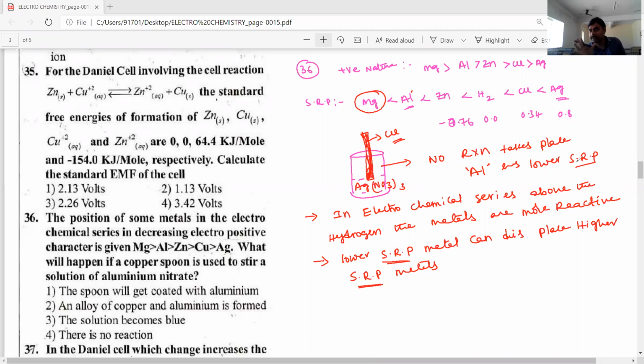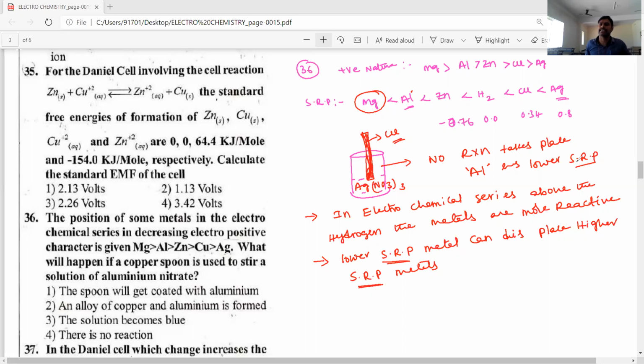If copper has lower SRP value, it can displace aluminum metal from its salts. But aluminum has a lower SRP and copper has a more SRP. So the electrochemical series order is very important.